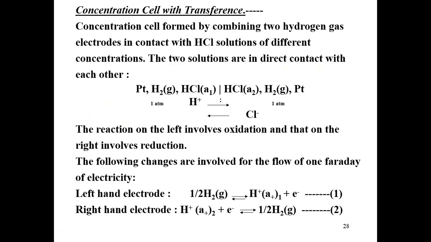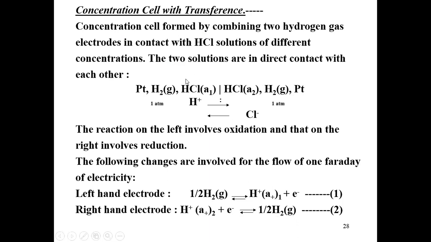An example of this cell is two hydrogen electrodes dipped in an aqueous solution of HCl with concentrations A1 and A2, right? On the right hand side you will have reduction of H ion to give hydrogen. You can write it like this: H ion with the activity A2 goes to hydrogen gas, and hydrogen gas is produced.